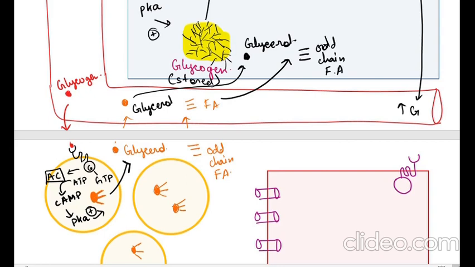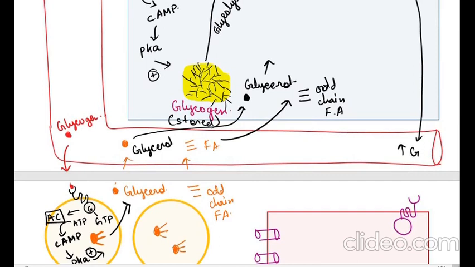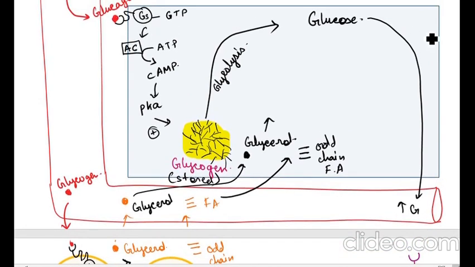Now what happens is this glycerol is again broken down into glucose. The fatty acid chain is also taken up and is converted into glucose. Also, there are amino acids present out here, which are also converted into glucose. Now, all these are new processes taking place.